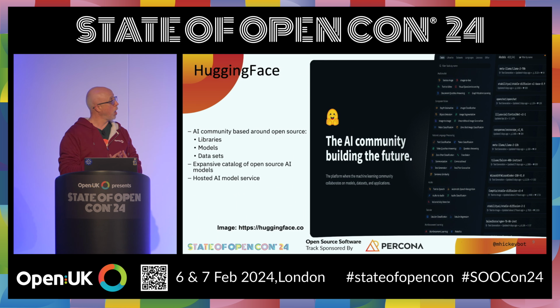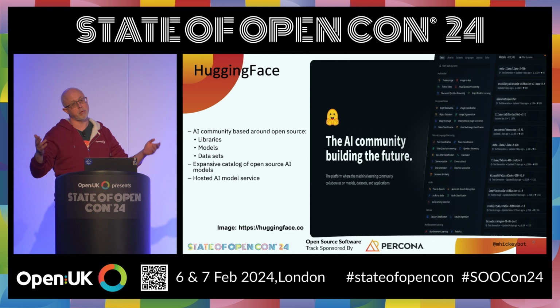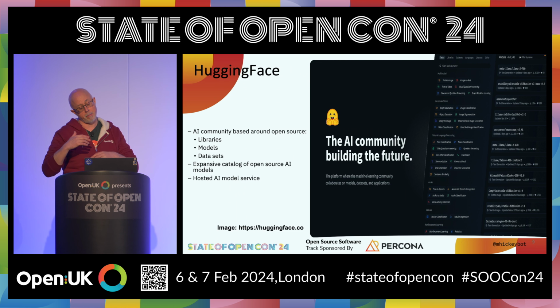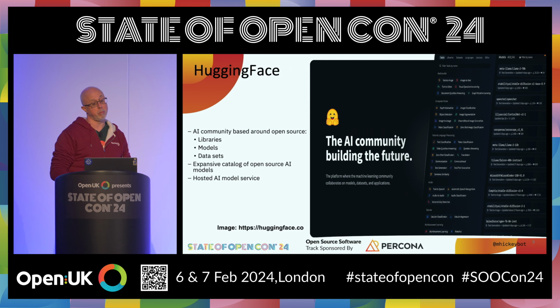So they have a huge catalog of models that you can bring down, and these are all models that have been open sourced by different companies, like your Googles, your IBMs, or whoever. And then also they have a series of handy libraries. One of them is the transformers library, which is quite handy for generative AI models. You can just use pipeline, and you get handed the model, and then you can call the model. It's very handy, and it downloads the model for you. I'll show it in a second.